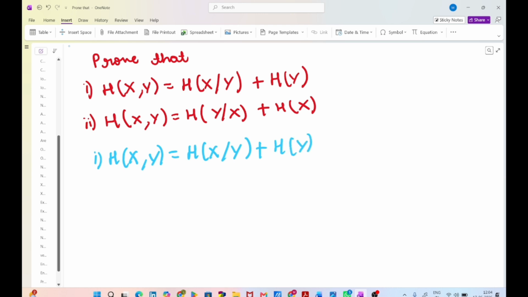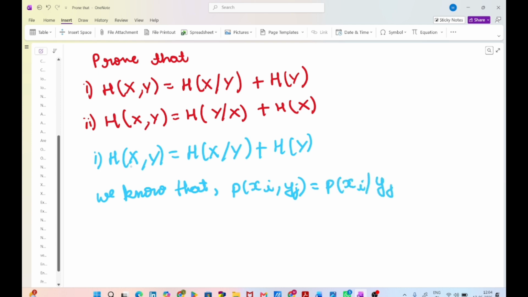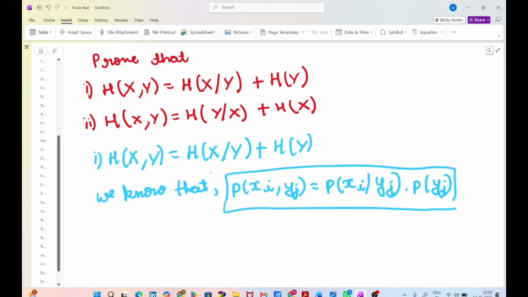Then we know that p(xi, yj) = p(xi|yj) p(yj), equation 1.